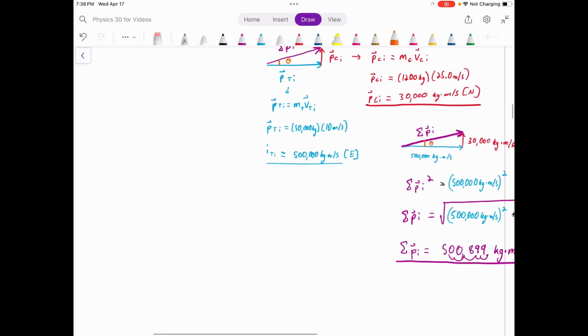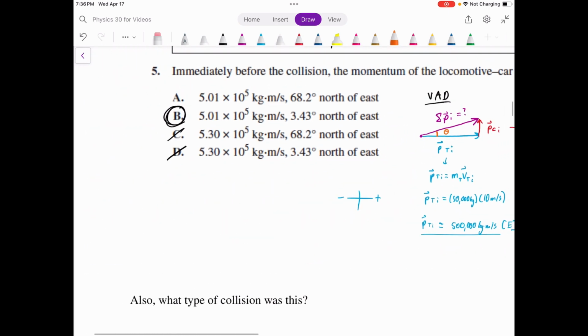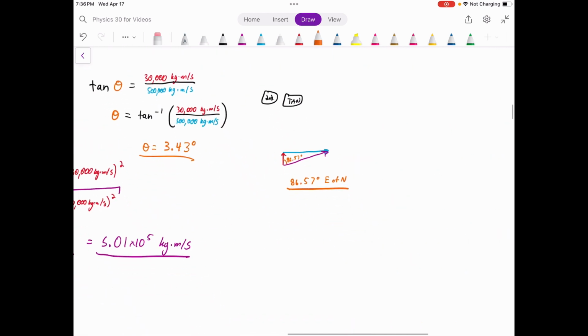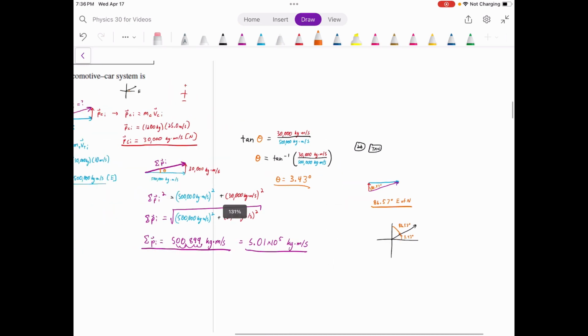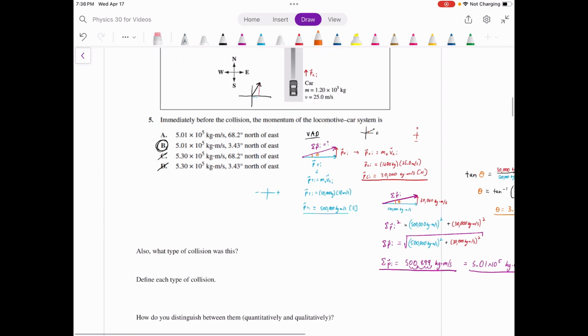So when you looked at the options, you would realize, oh, okay, I just did east of north, so one of these must be the same as mine, just the north of east way of saying the same thing, right? 86.57 degrees east of north is the exact same thing as 3.43 degrees north of east. That's 86.57, that's 3.43, okay? Obviously not to scale there, but there we go. So definitely the answer to that one is B.